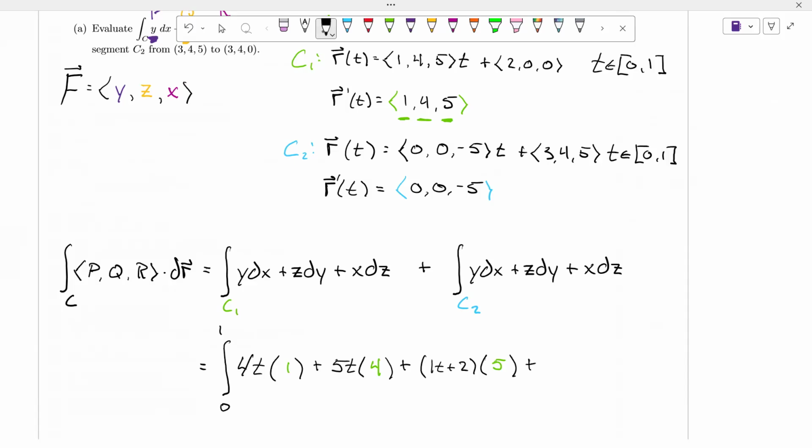Adding to that, I want the blue curve, where y is 0t plus 4 times dx, which is 0, plus z, which is negative 5t plus 5, but that is multiplied by dy, which is also 0.